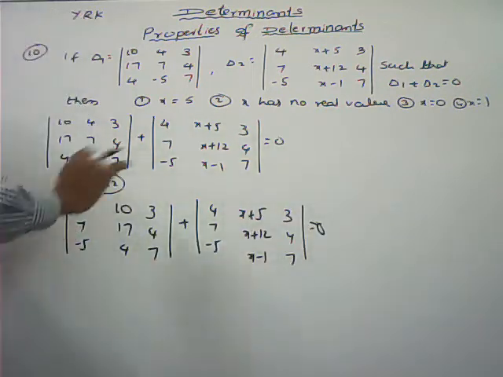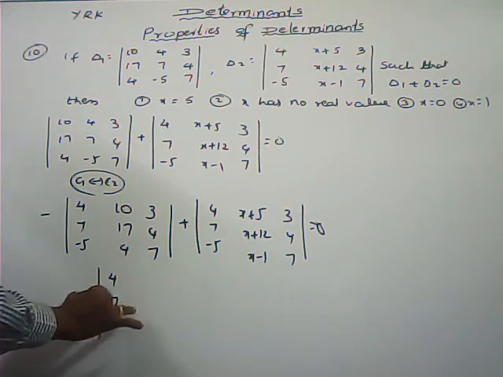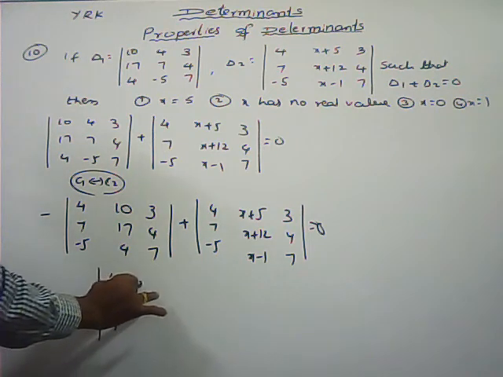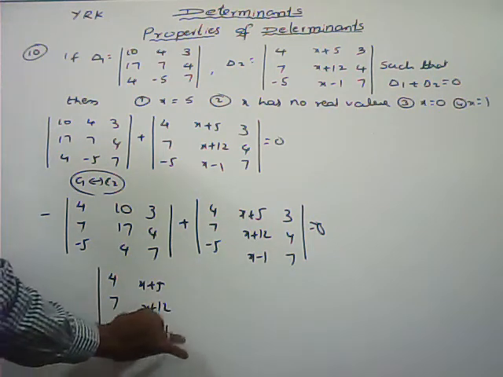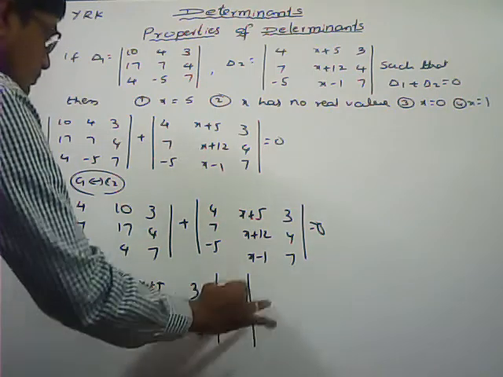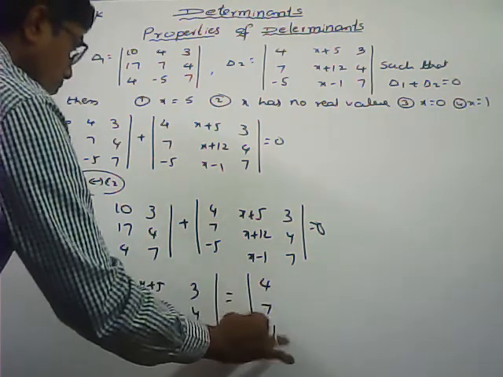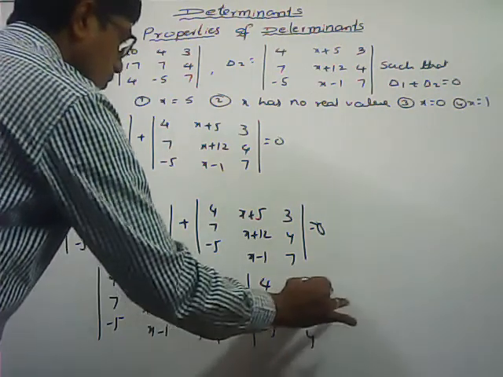This one you can transpose to that side. Here 4 7 minus 5, x plus 5, x plus 12, x minus 1, 3 4 7, that is equal to 4 7 minus 5, 10 17 4, 3 4 7.